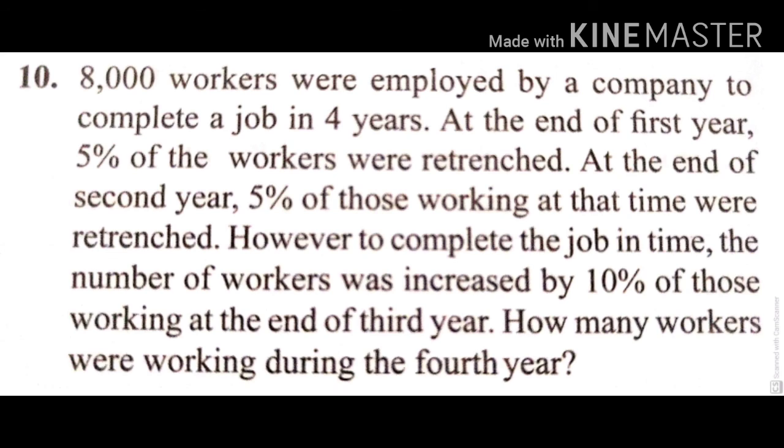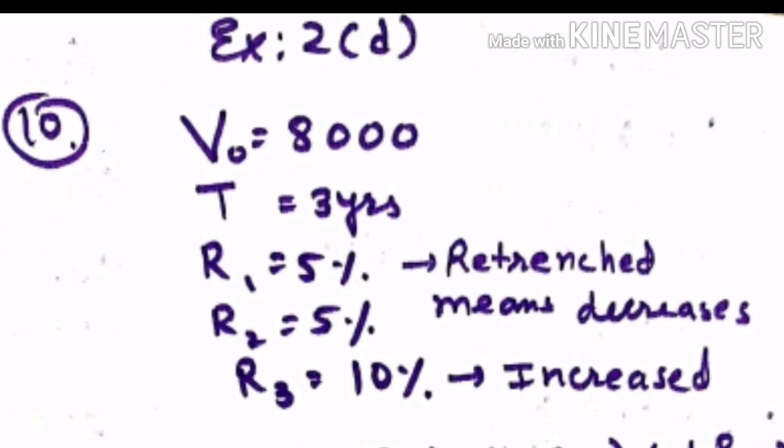So here you see the first year it is retrenched means subtraction, second year also retrenched, but in the third year it is 10% increased. Means here also we will use our formula for successive rates, but here we have to use the first rate in a decreasing manner, the second rate also in decreasing, but the third rate, that is 10%, will be in an increased manner.